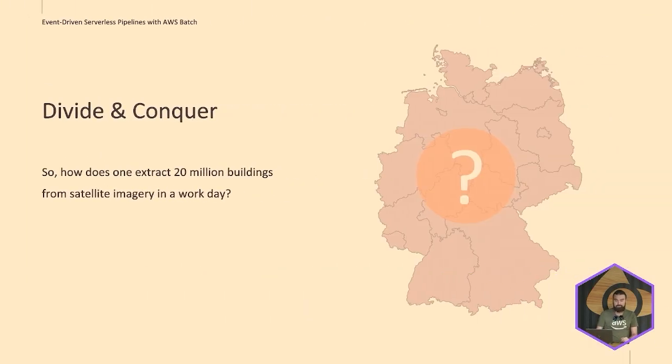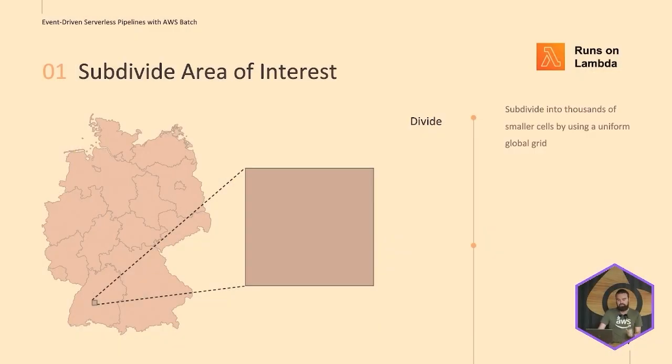All right, so to start wrapping up, let's come back to that original problem. Again, I picked the geospatial problem. How do we extract 20 million buildings from satellite imagery in a workday? That is possible because you can divide and conquer. And that is what batch is very good at. So you can subdivide your area of interest into small tiles.